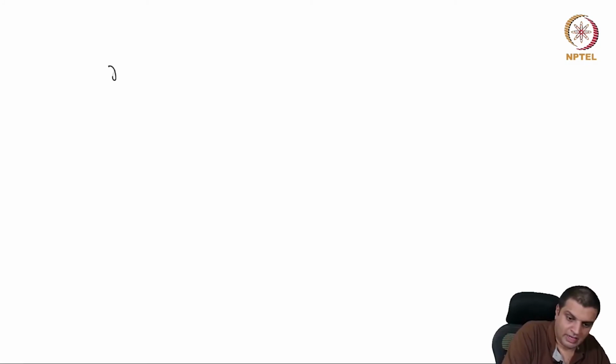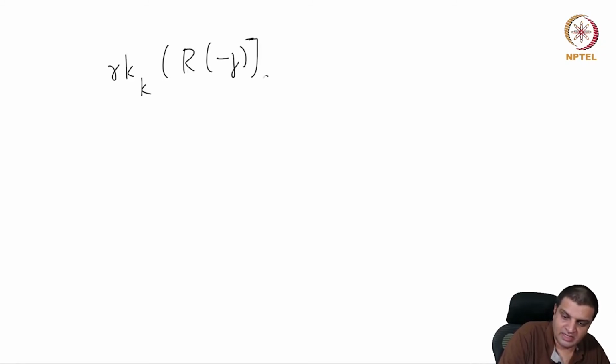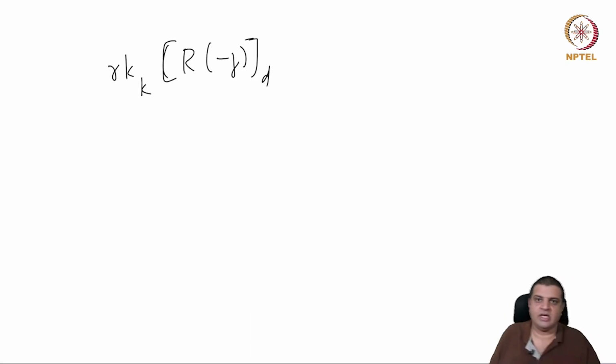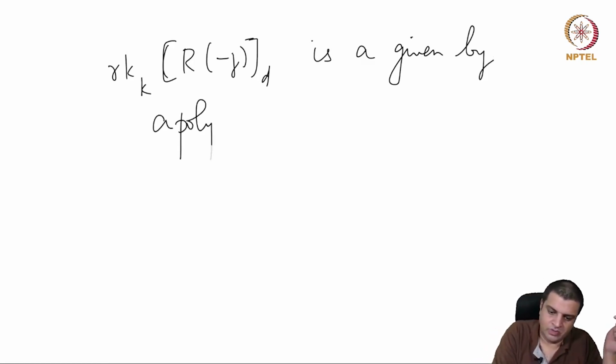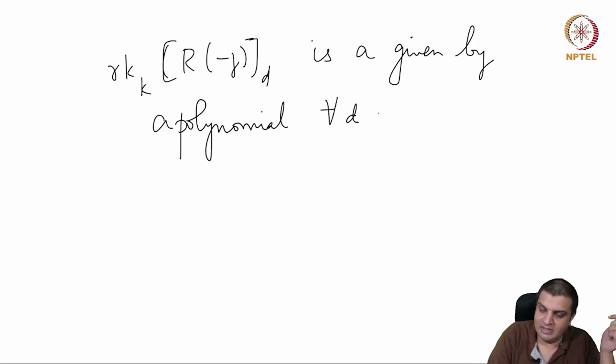So this is given by a polynomial. The rank over K of R minus J in degree D is given by a polynomial for all D bigger than J minus n.